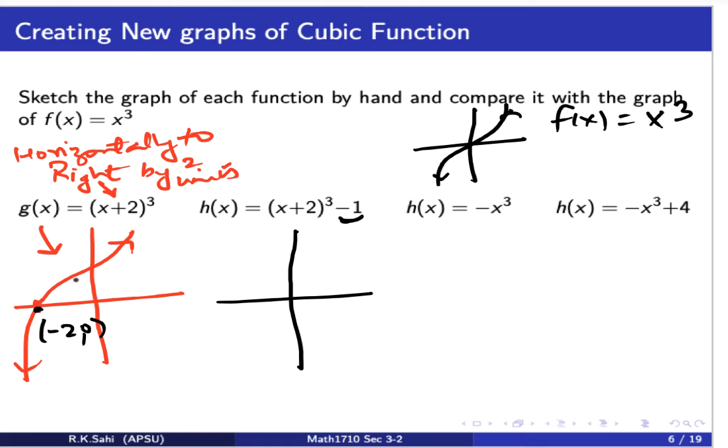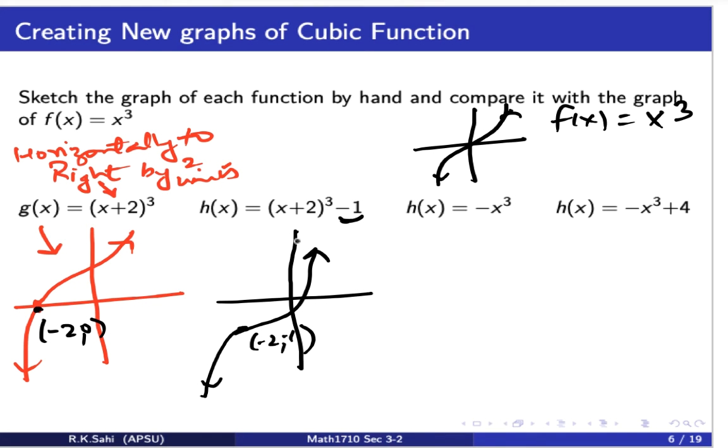So this change, when it is going to go up and down, it's now going to happen here. So this point, guys, is now going to be minus 2, minus 1. And the shape remains the same. Just remember that. Okay, we're just giving a rough look to the graph.